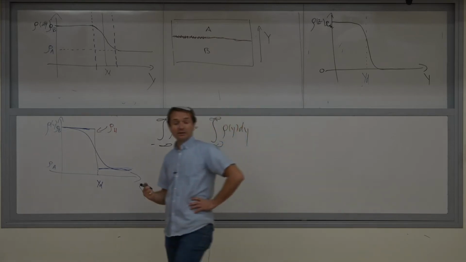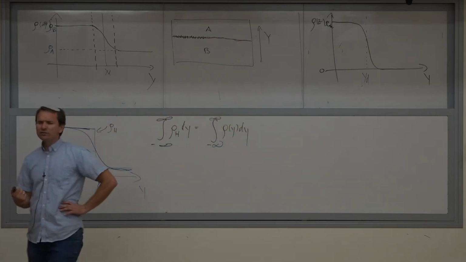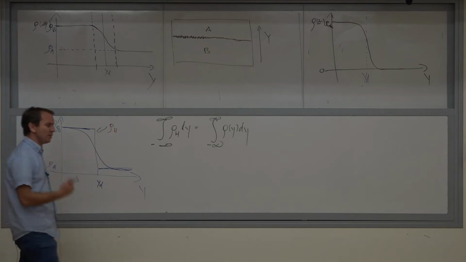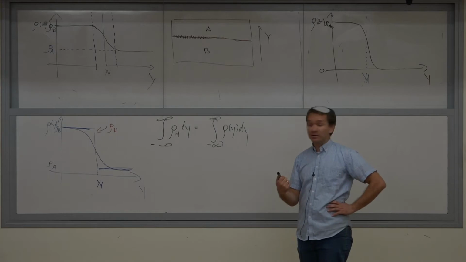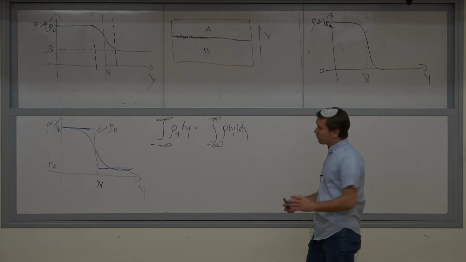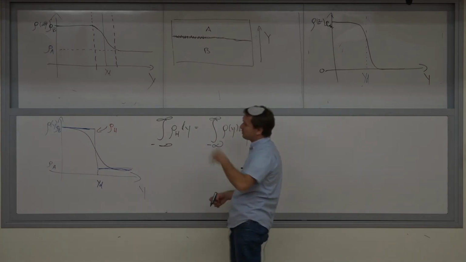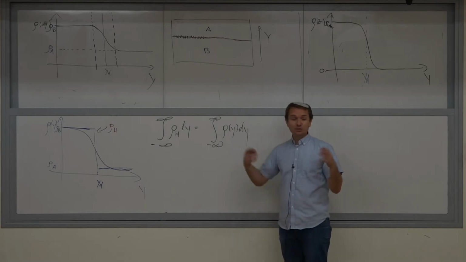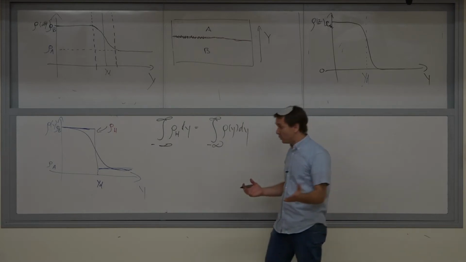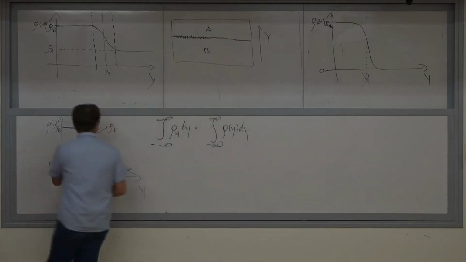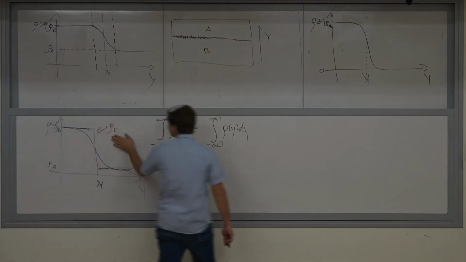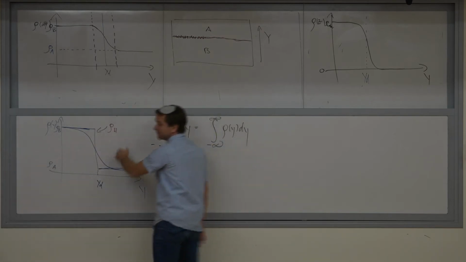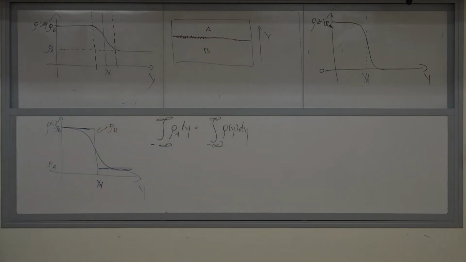Why is that? What is the integral over the density? Rho is the density of the particles. The integral over the density of the particles is just the number of particles. So the number of particles in phase A plus the number of particles in phase B is the total number of particles everywhere. And it should be exactly the same as the total number of particles when I'm using this hypothetical profile.